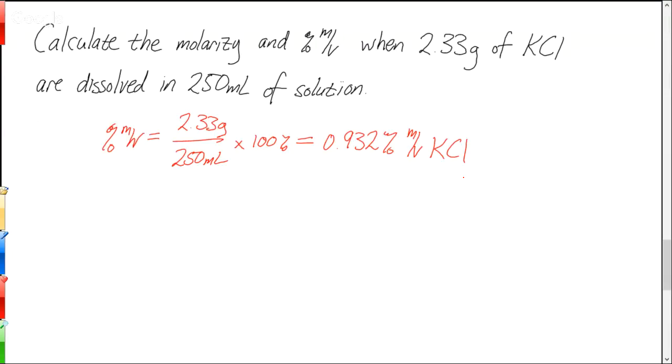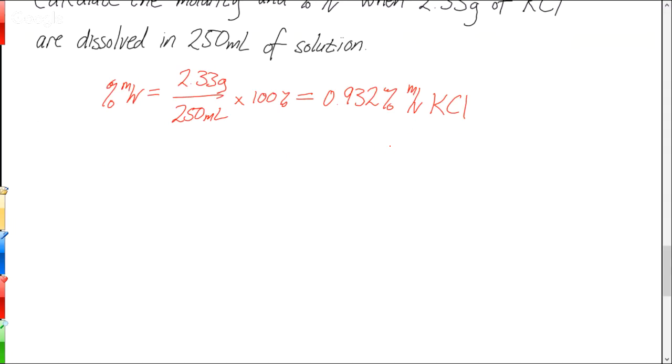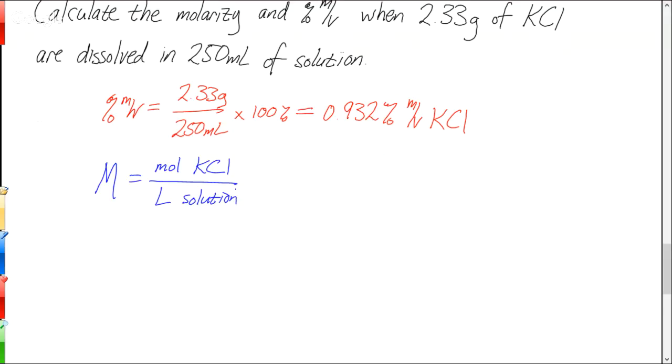Yep. So for the next one is when we do need to turn it into liters, which is molarity. So to get the molarity is going to be the moles of KCl, moles of solute, divided by the liters of solution. But we're given grams and milliliters.